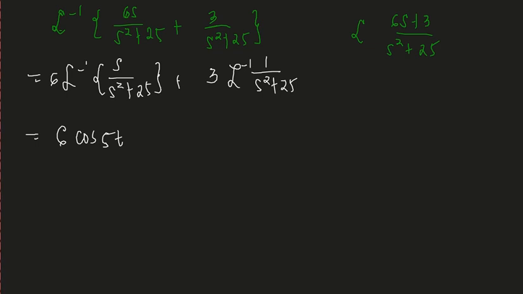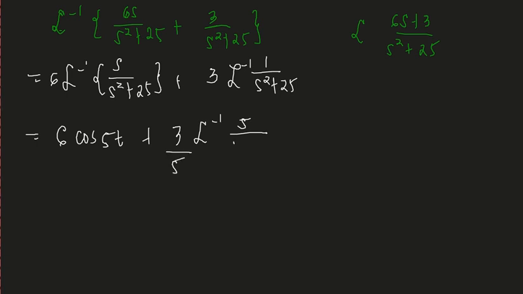Plus, okay, there is aton nga next nga problem. We have 3, then we have inverse Laplace transform of, kinahanglanon naton sa babaw a. So we have kinahanglan naton a naton is square root of 25, so that is equal to 5. So in order to compensate sa gindugang naton nga 5, dapat ma-divide kita by 5.